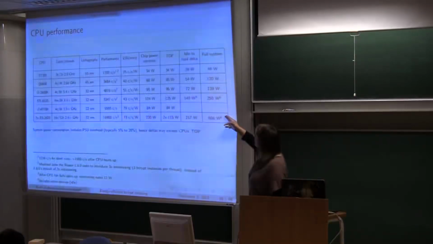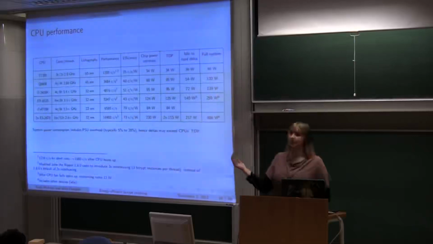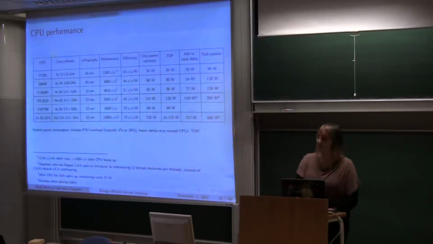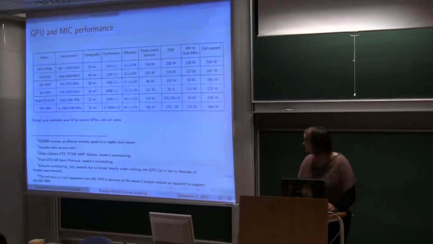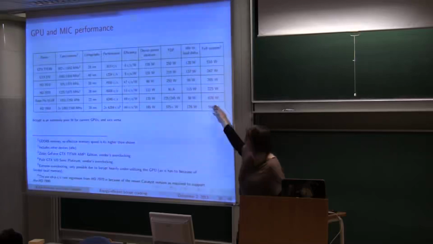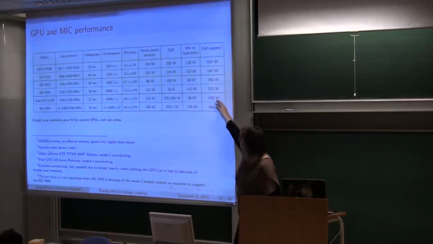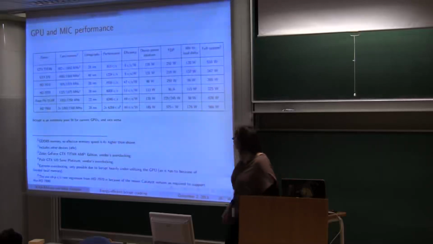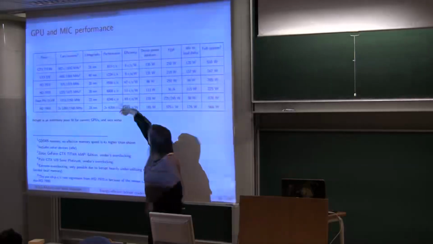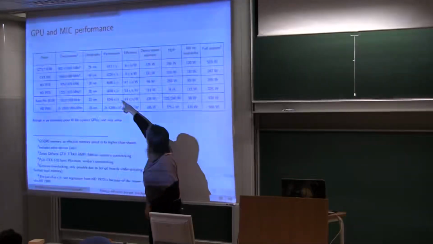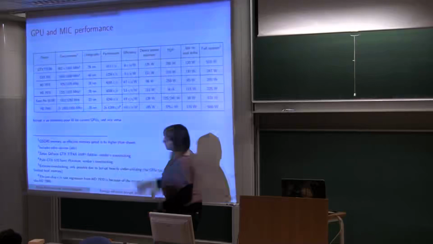These are full system power consumption figures. Well, this table is more for you to look at than for me to read, so I'll just go over those. We have the same for GPU and Xeon Phi. So again, you can see some nice performance figures, but very low efficiency.